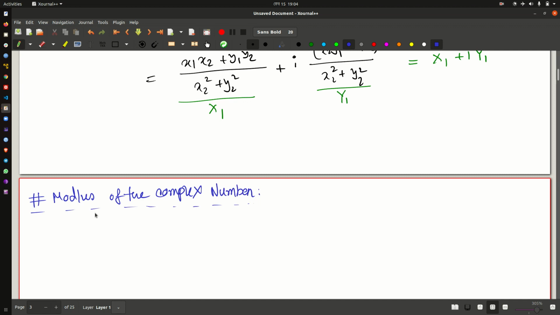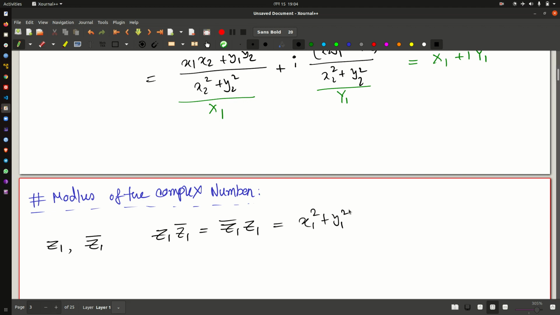As you can see, if we have a complex number z1 and its complex conjugate like this, and we multiply these two, that means z1 times z1 bar or z1 bar times z1, because these multiplications are commutative, you can easily prove that. You will have x1 squared plus y1 squared.